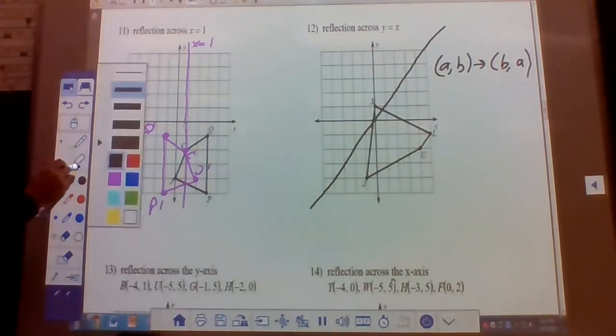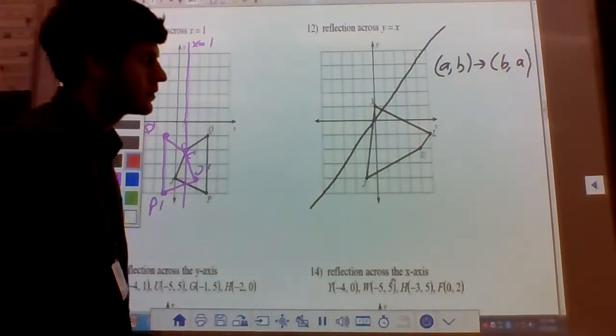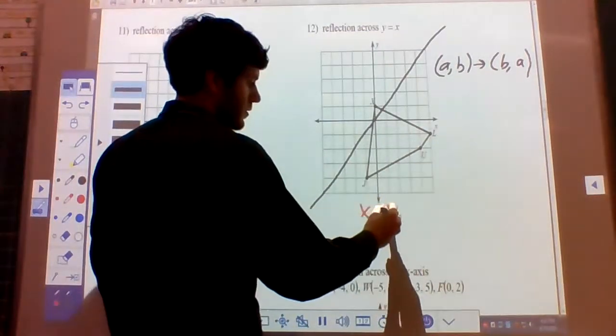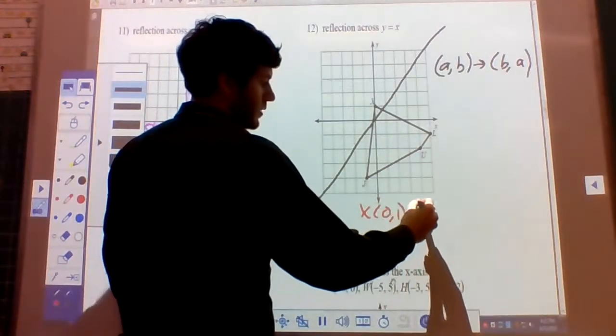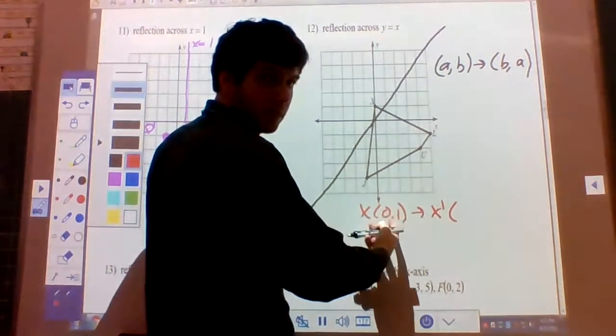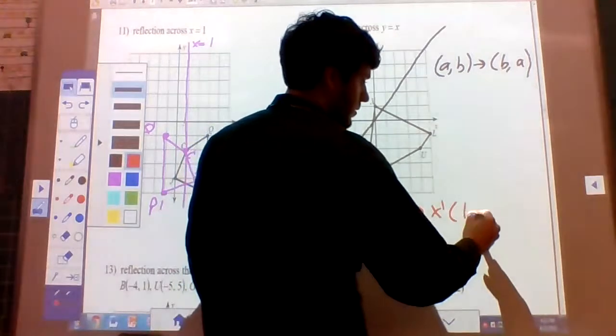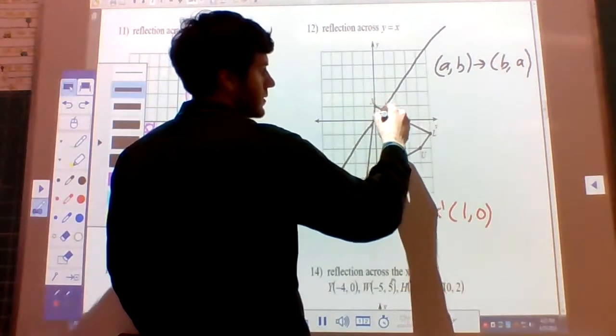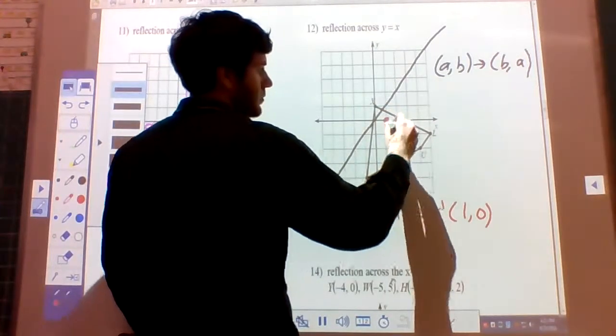Okay, so X is (0, 1). So that's going to go to X prime, which is going to be, switch them, (1, 0). Right here, that's X prime.